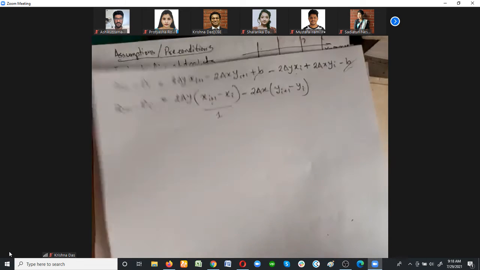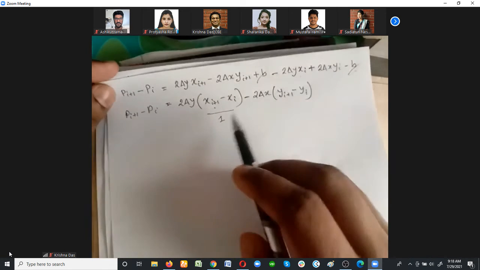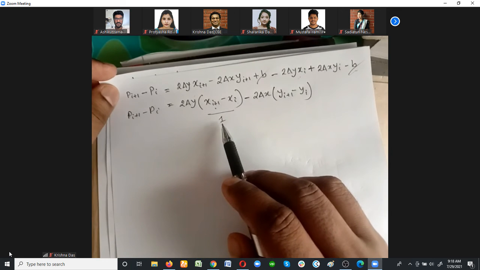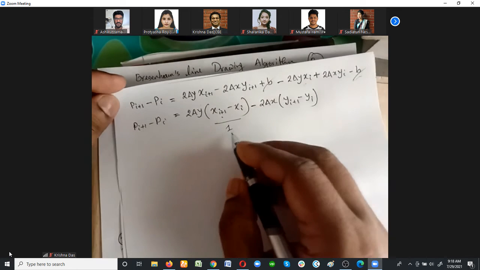So for this case, as we are doing less than or equal to 1, xi plus 1 minus xi is actually 1, right? Everyone accepts it, right?